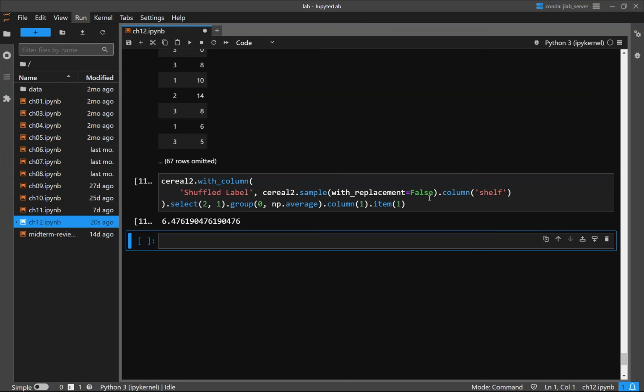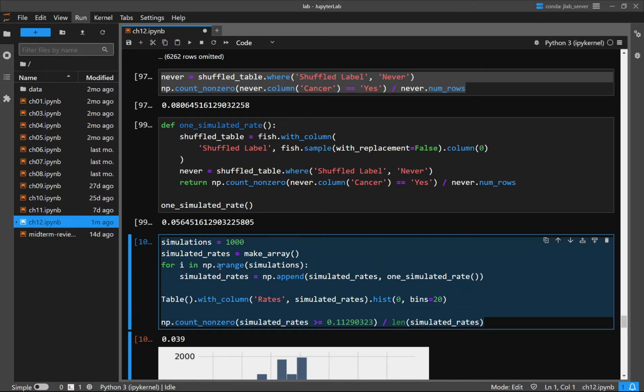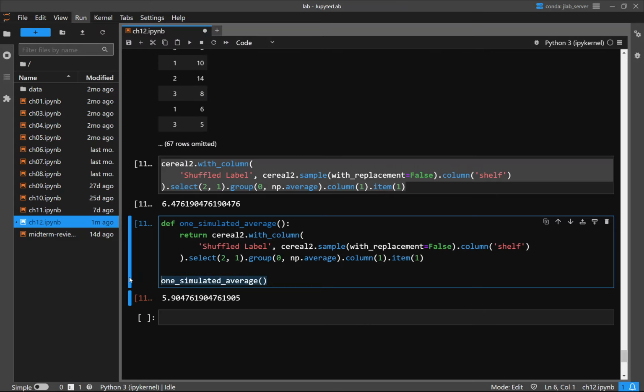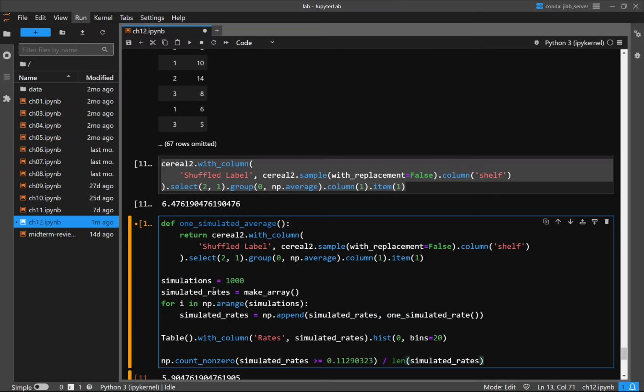Let me just copy and paste all this all over again, because that is easier for me. So instead of doing it once, let's do it a bunch of times. It's not simulated rates anymore, it's simulated averages.